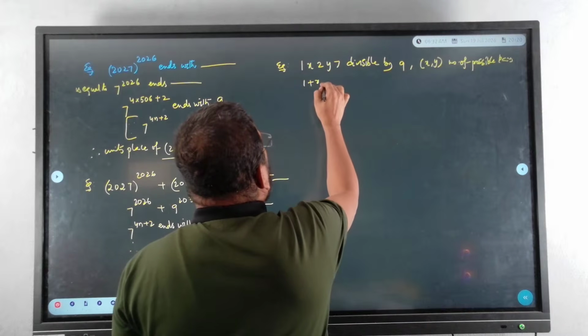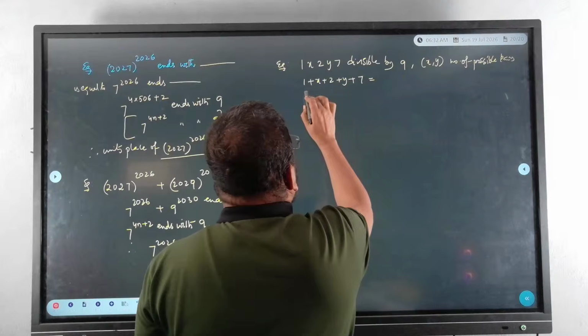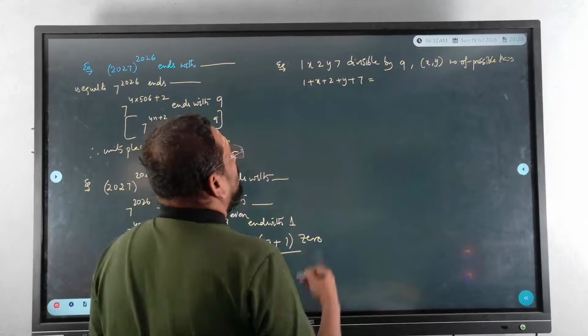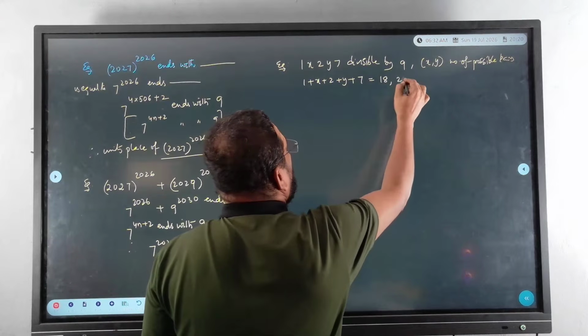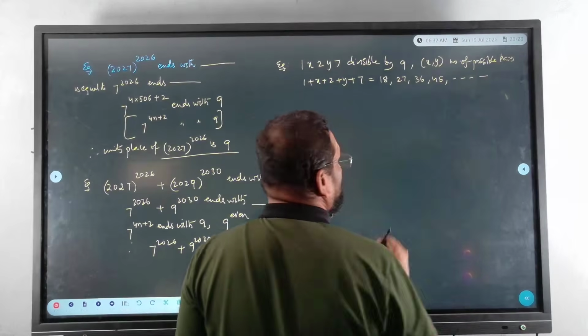So 1 plus x plus 2 plus y plus 7 is equal to, see, 1 plus 2, 3, 3 plus 7, 10. After 10, what is the 9 multiple? It may be 18, it may be 27, it may be 36, it may be 45, and so on.